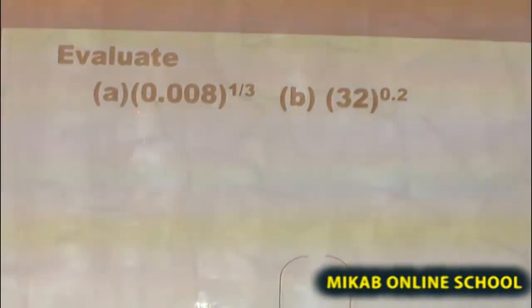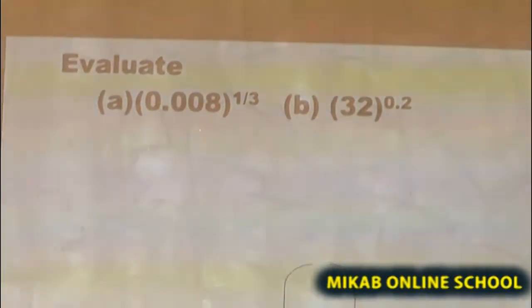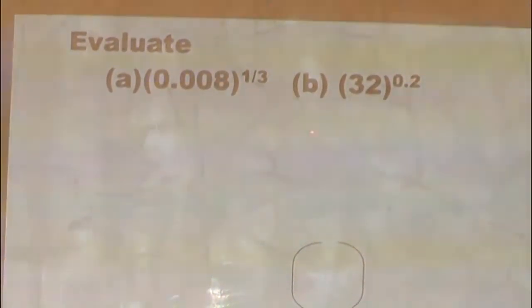If you look at the first question, the value within the bracket is in decimal. And if you look at the second question, the value at the power here is in decimal also.